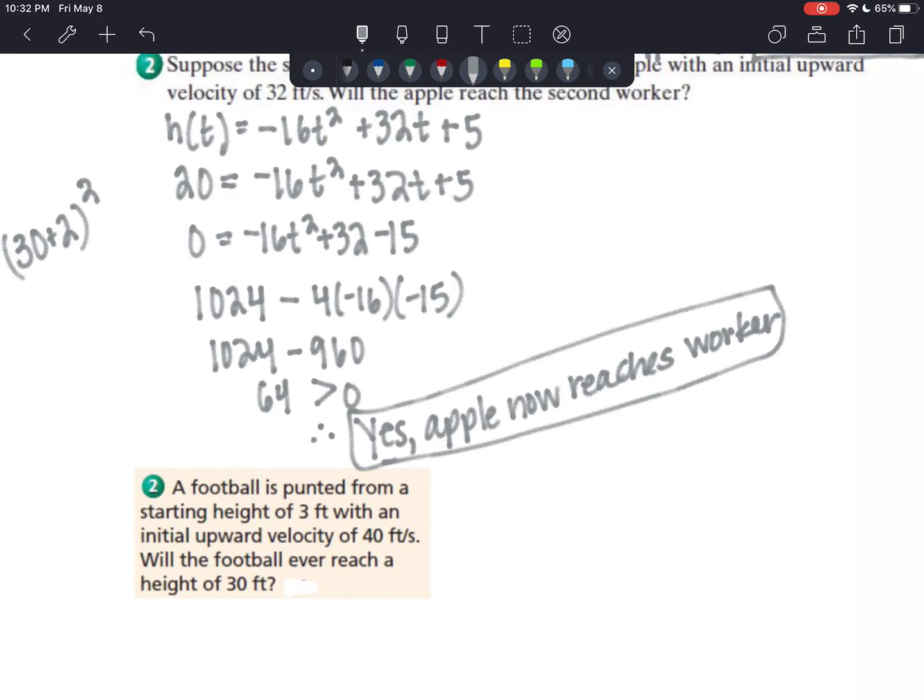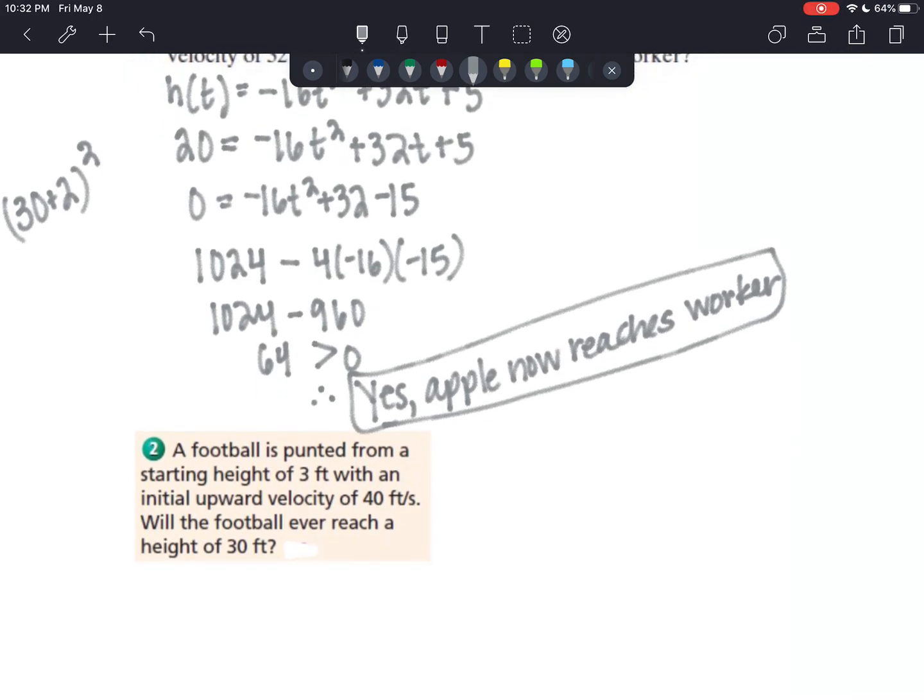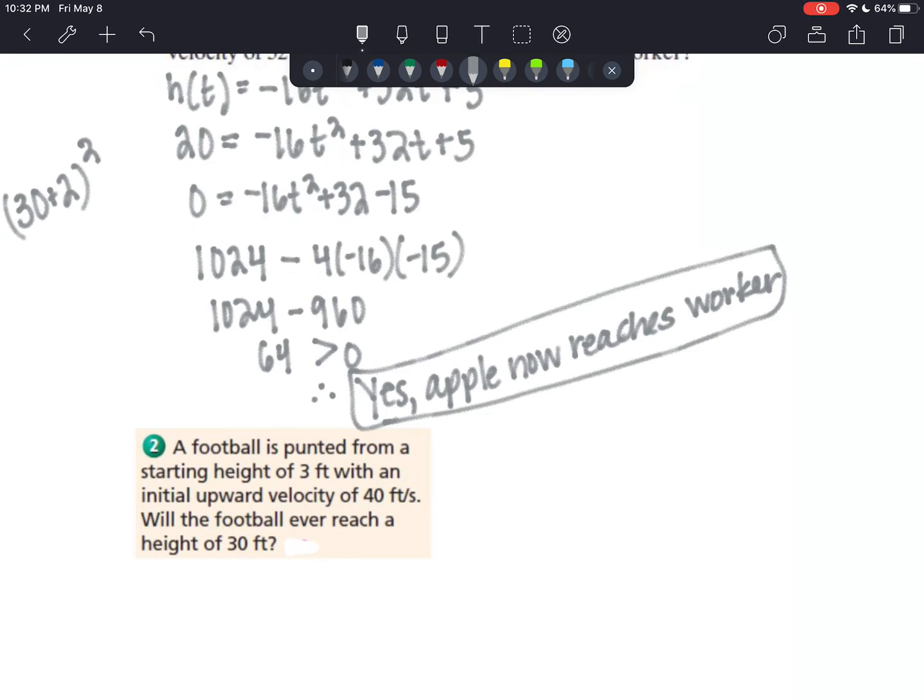Okay, so now let's see. A football is punted from a starting height of 3 feet with an initial upward velocity of 40 feet per second. Will the football ever reach a height of 30 feet? So you go ahead and try, and then come on back, and you'll watch me work it out and let you know whether or not you get the right answer.